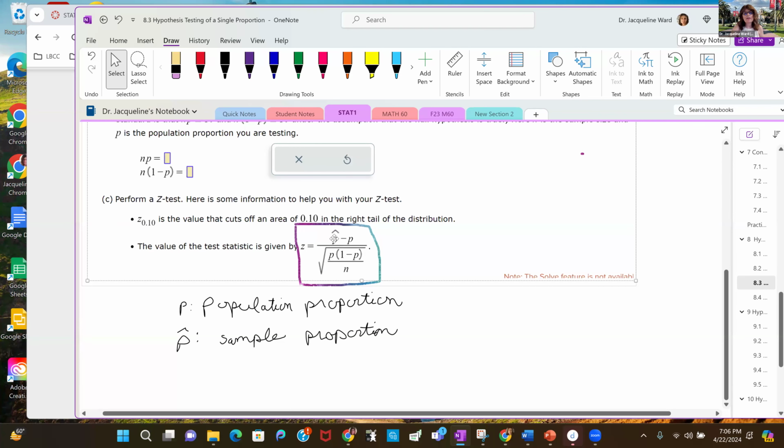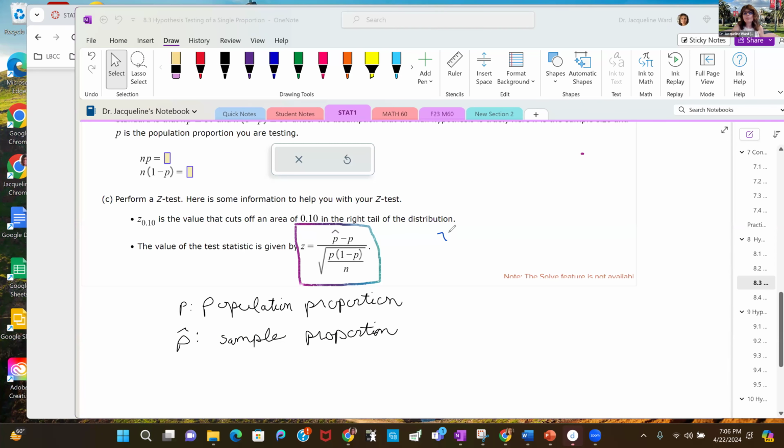Now notice on the top, we have p hat minus p. P hat is the sample proportion. So this is similar to the sample mean minus the population mean that we've been looking at. Instead of the sample mean minus the population mean, we have the sample proportion minus the population proportion.